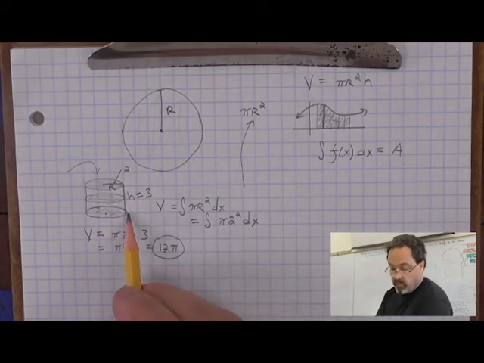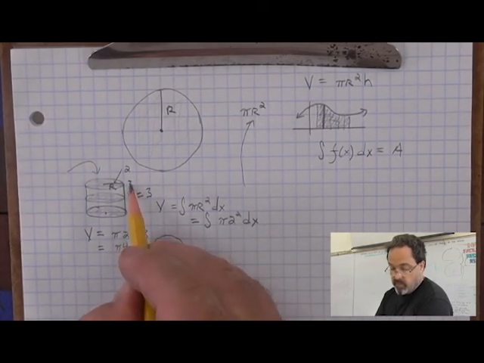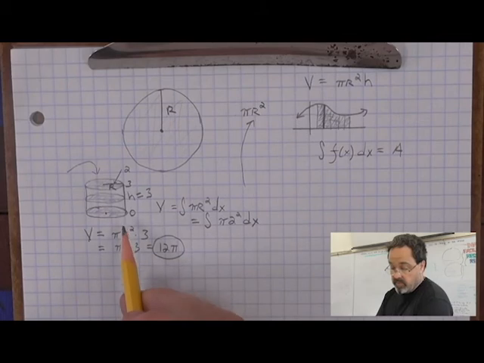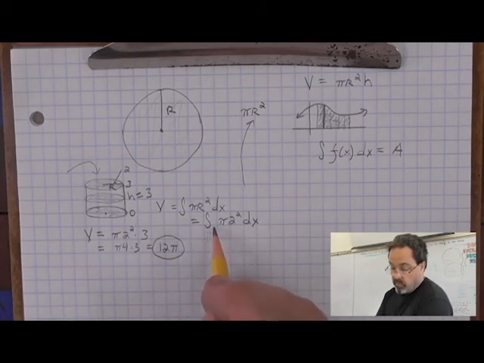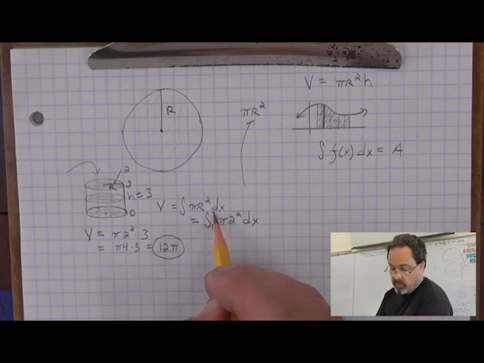So if we start at the desk and say that's 0, and the stack which we're adding together to make gets up to 3, that's the same as the bounds of integration in the setup of the integral. We're going to start with a lower bound of 0, like starting our stack on the desk, and we're going to build up to a height of 3.